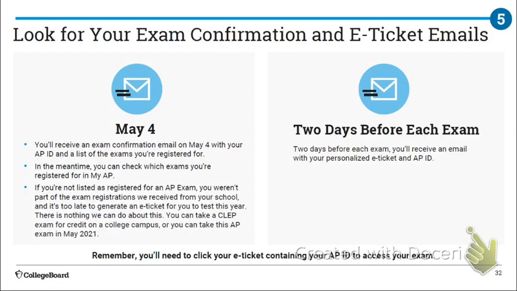Okay, so May 4th, you'll have access to the demo. You will also be receiving an email confirmation which will list all of the AP exams you signed up to take and when they occur. 2 days before each exam, you will receive your personalized e-ticket for that exam. Okay, so May 4th is just a list of what exams you signed up for. 2 days before each exam is your actual ticket.